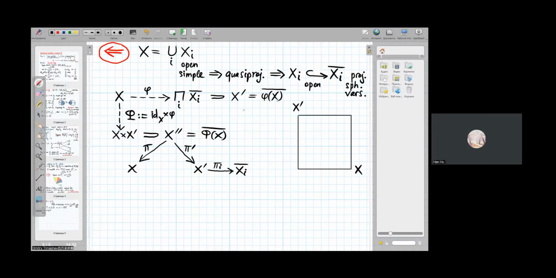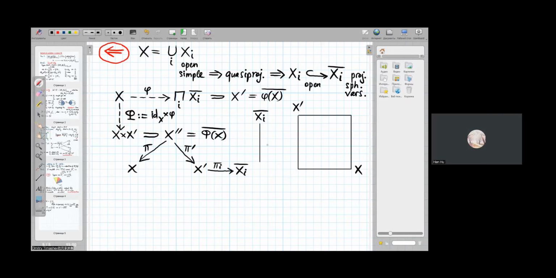And also I have projections from X prime to each of the xi bars. So let me indicate xi bar for some i here.